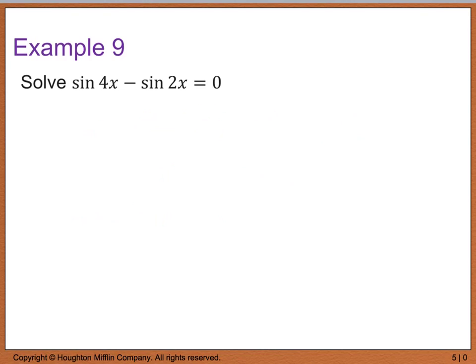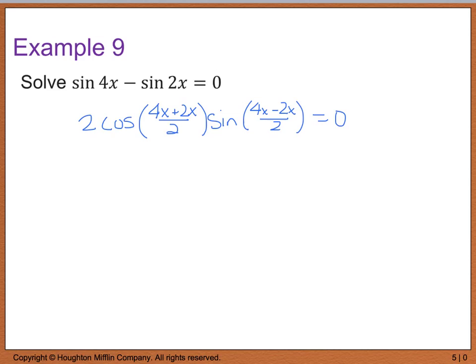Example 9 says to solve the sine of 4x minus the sine of 2x equals 0. Again, we're going to use our sum to product formulas. And this is going to give us 2 times the cosine of 4x plus 2x divided by 2 times the sine of 4x minus 2x divided by 2, and this equals 0.